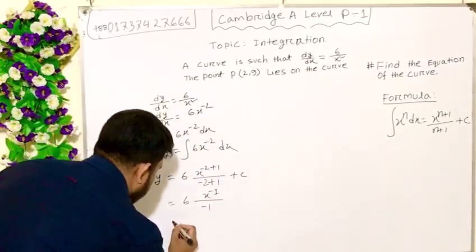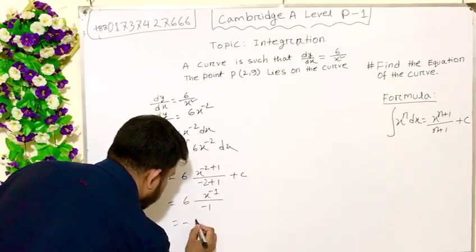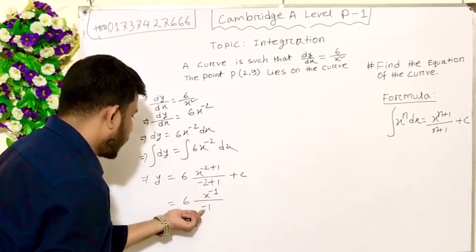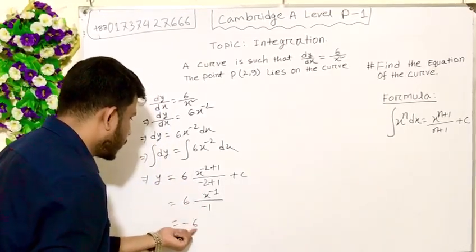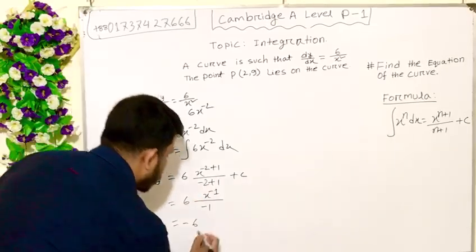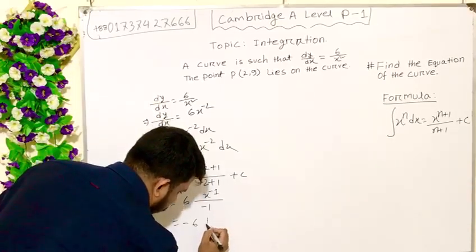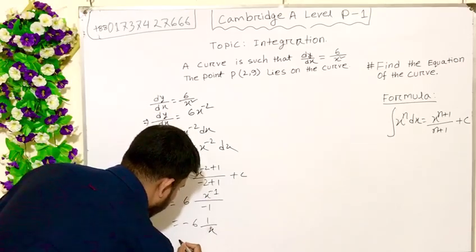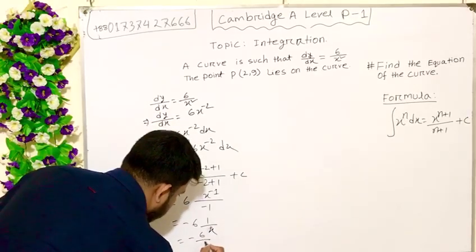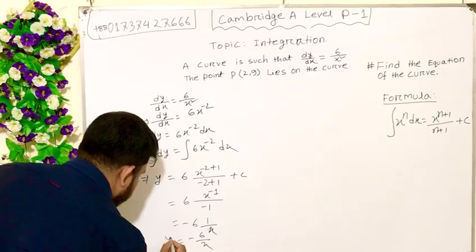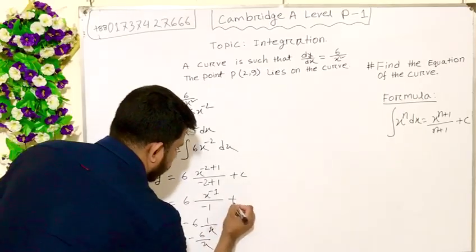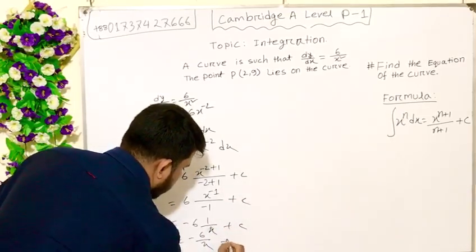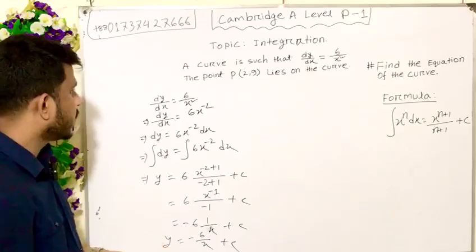Okay, and then this will be minus 6, and this minus is here, and 6 is here. x to the power of minus 1 equals, we can write 1 by x, or we can write minus 6 by x. Okay, and this is y equals this, and there will be constant c.